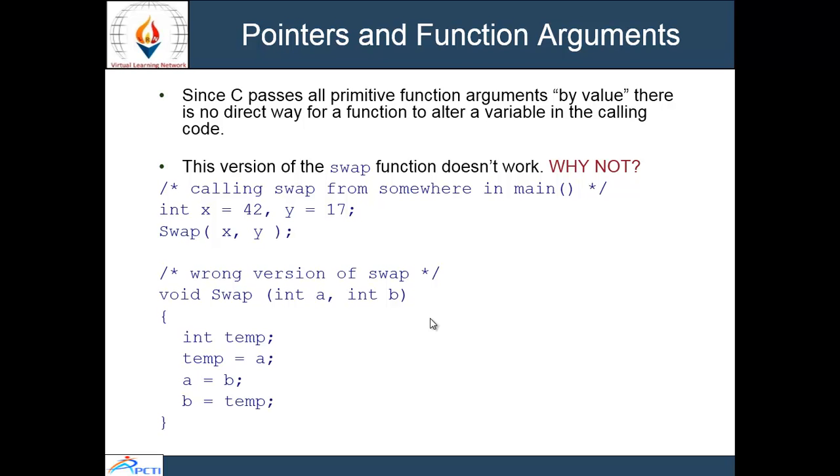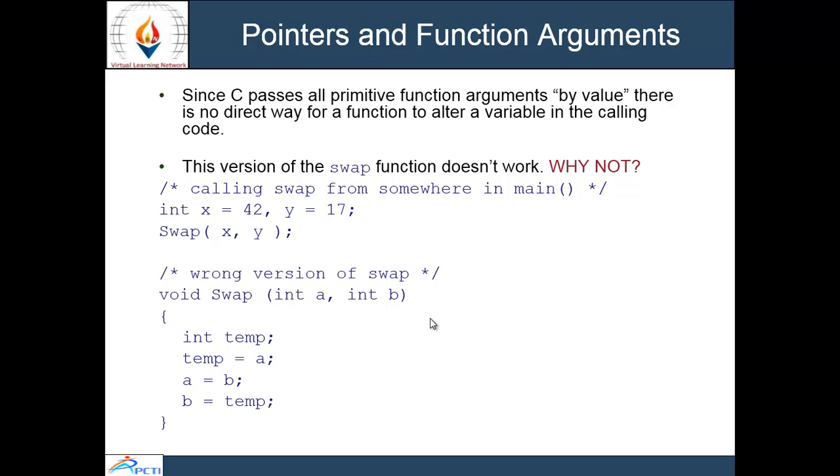So when we make changes to variables in the function, it affects the variables of the calling function. So we use pointers frequently. We use pointers when we need to pass the address of variables.